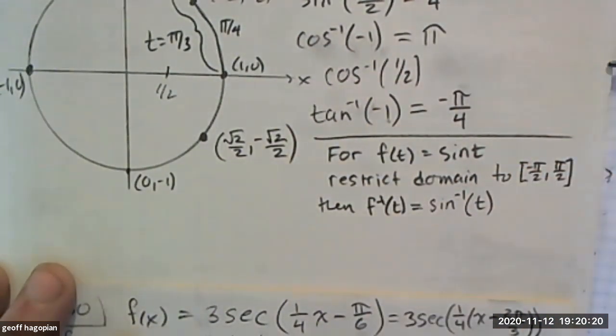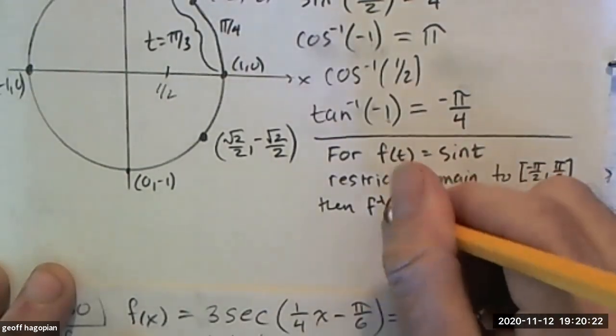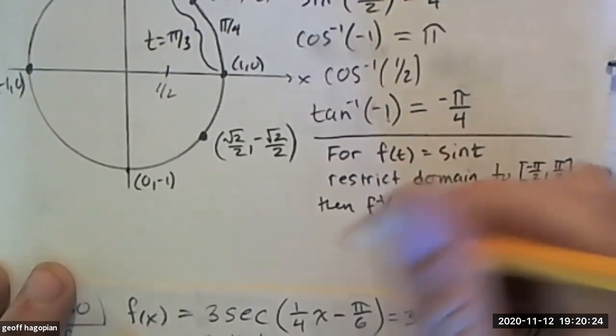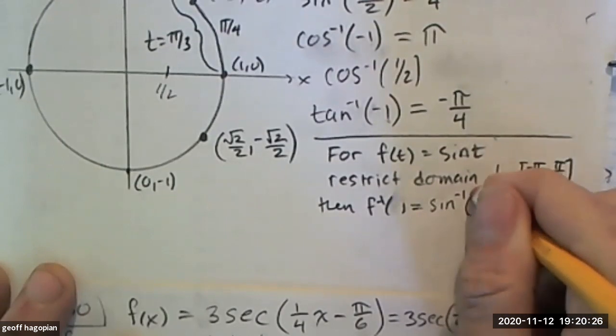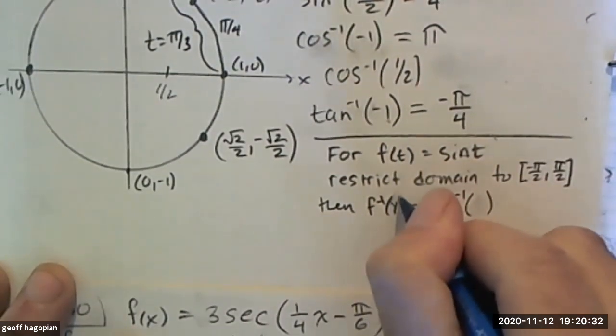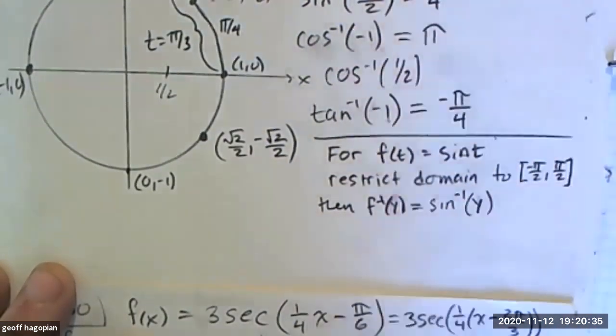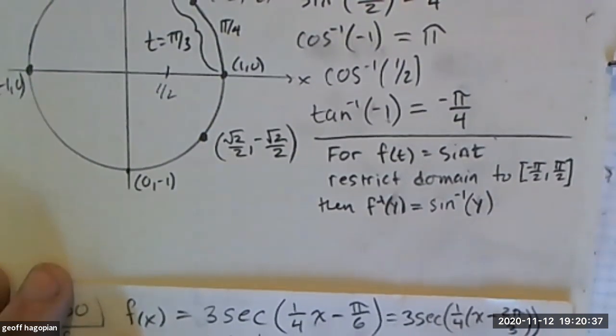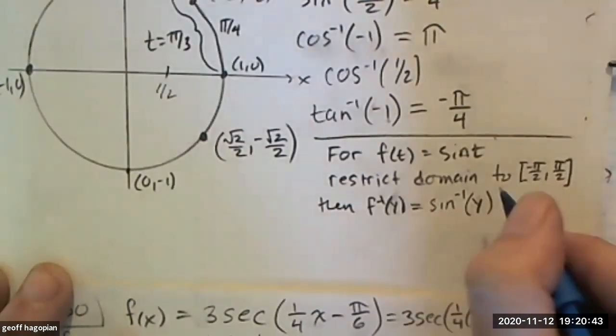So how about we rename this input parameter here y? Then it makes it more clear what we're talking about on the unit circle, right? There, okay. So what arc takes us to a y coordinate on the input here, right?